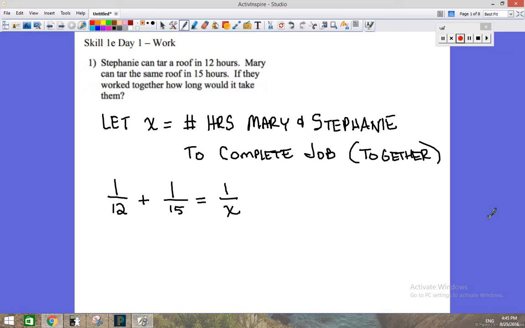Alright. If we use a common denominator of 60, then we'll multiply this by 5/5. We'll multiply this by 4/4, or you can just use a calculator, I suppose, and see if your calculator doesn't give us 5 plus 4 is 9.